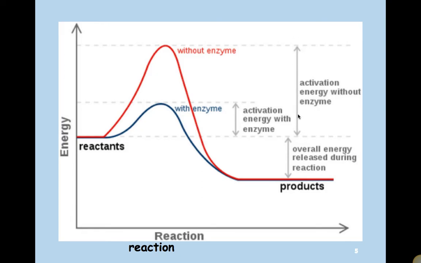That's what your body wants to avoid, because there's too much energy required when you don't have an enzyme just to get the reaction started. So we want to avoid this. We want this. If there's an enzyme present, the reaction is going to happen at that location.